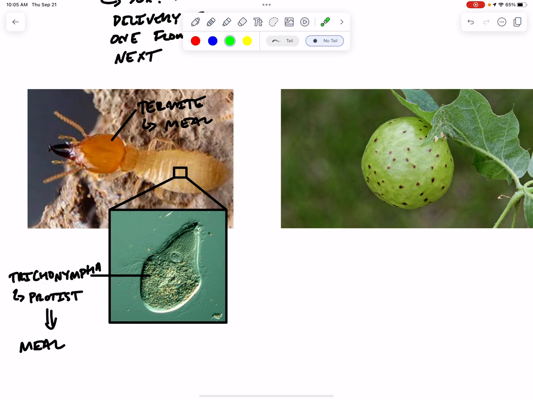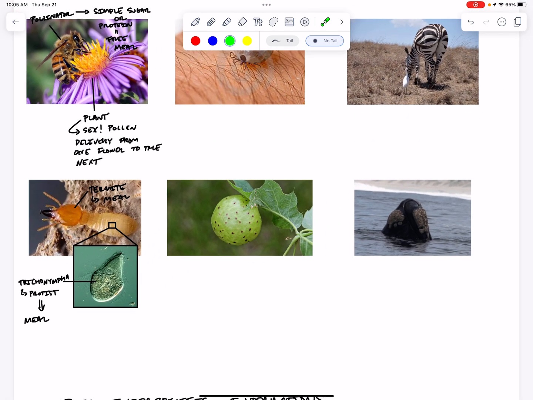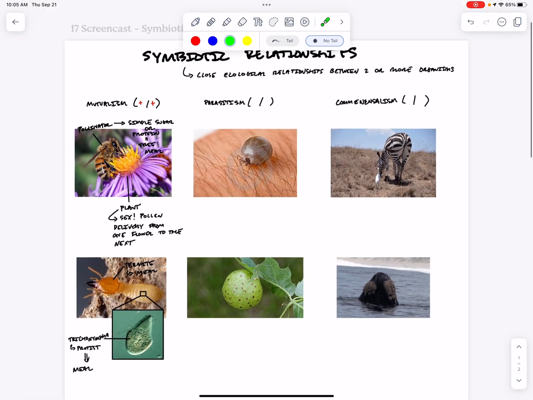So these two could not live one without the other. The termite couldn't break down its cellulose into glucose, and the Trichonympha, without the presence of the termite giving it a home and feeding it, would also be at a disadvantage here. So they're both getting fed from this interaction.